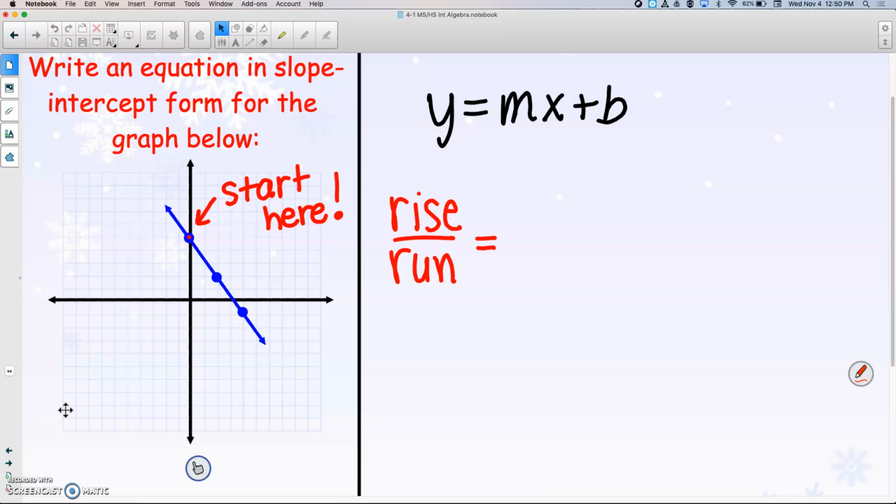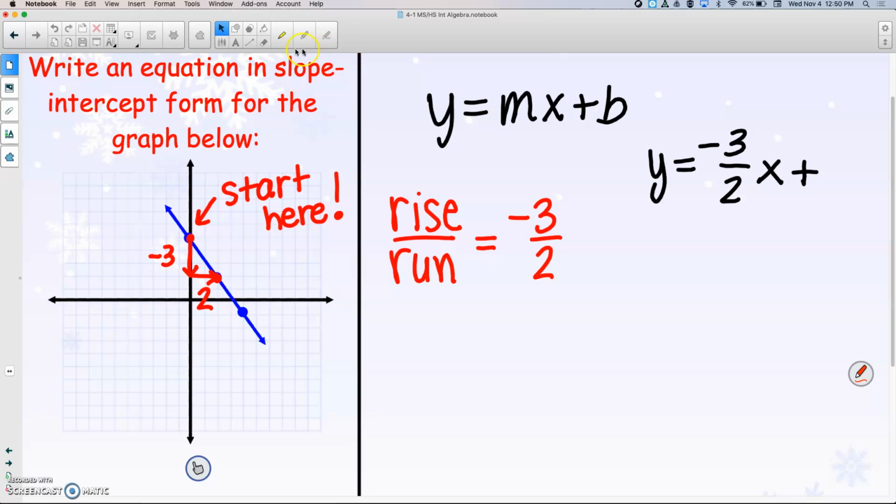So starting at this dot on the left and traveling to the next dot over on the right, I go down 3 and then I go over 2. So what that means is -3 over 2 is the slope of my line. So y equals -3 over 2x plus the y-intercept. I'm going to highlight for you.